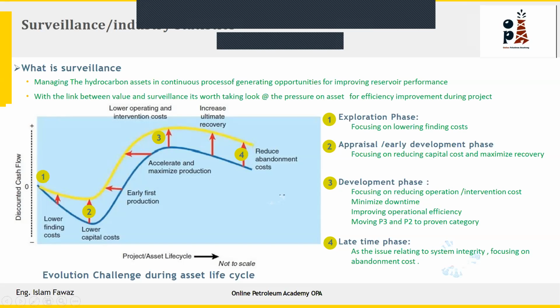You find some pipeline corrosion, and we have some integrity issues in the wells. So in this region we focus on abandonment cost; we need to reduce it. Without the surveillance data, we are not able to lower the capital cost. We are not able to lower the operation and intervention cost. We are not able to maximize the recovery from your fields.